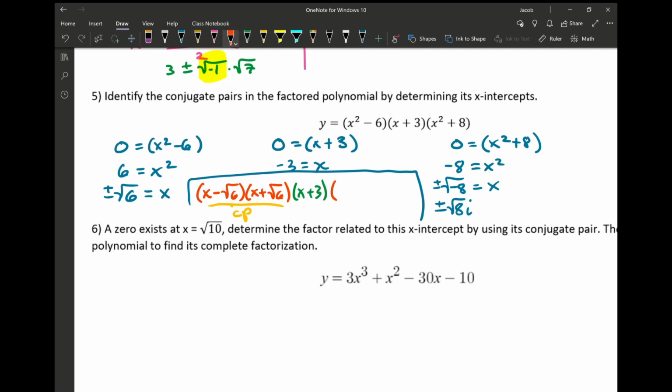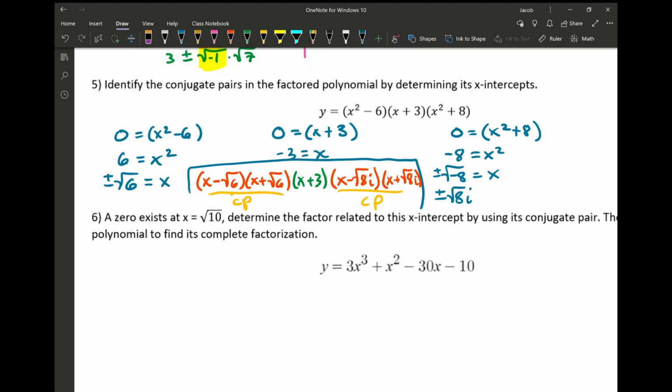But then I can write another set of conjugate pair factors, just by differentiating them by a minus and a plus. So I'm just showing you how factors can shake out with something that looks pretty easy. Just knowing that their factors can be written as conjugate pairs is pretty important.